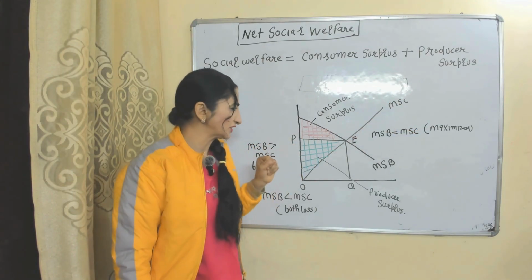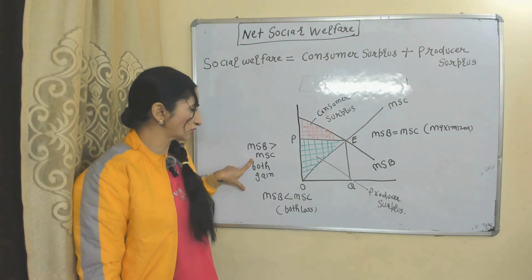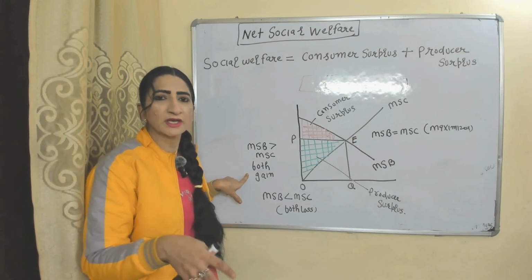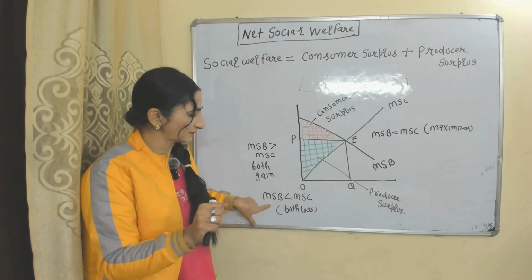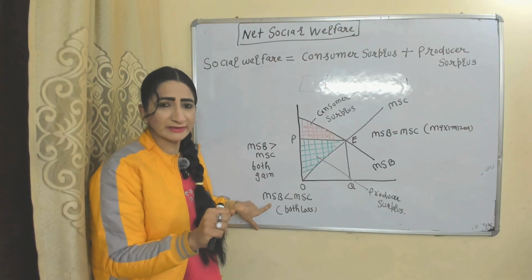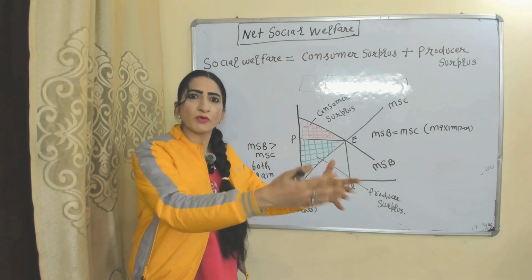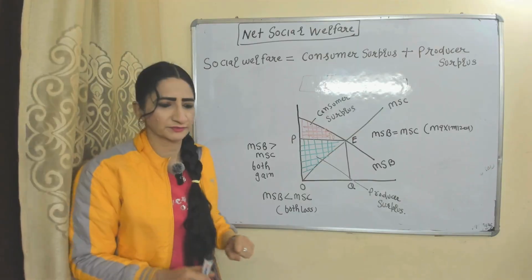So this is the efficient condition. When marginal social benefit is more than marginal social cost, it will give benefit to both consumer as well as producer. So it is worth investing in this project. But when marginal social cost is more than marginal social benefit, that means it will give loss to both producer as well as consumer. So it is not worth investing in this project.